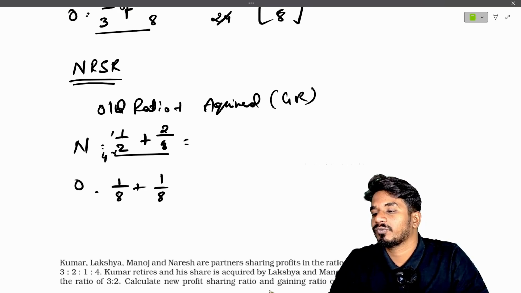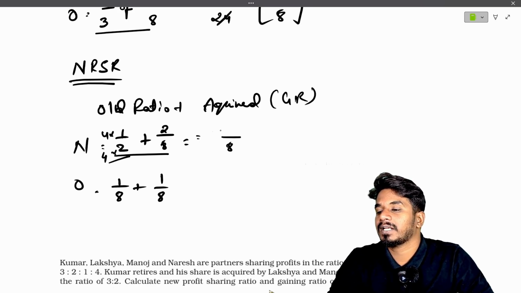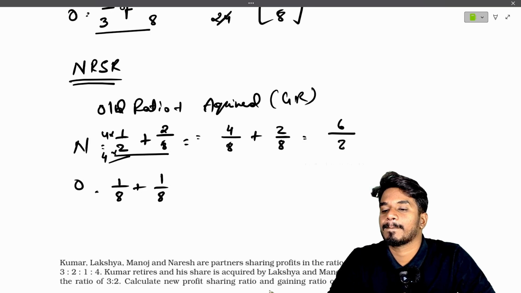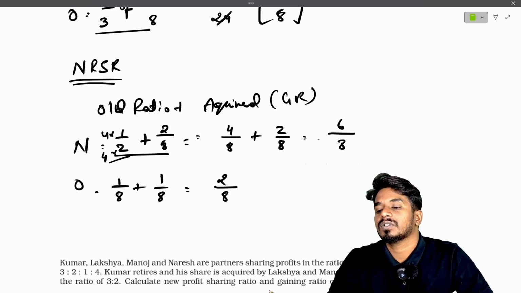We multiply by 4. It will match now. 2 into 4 it will be 8 and 4 into 1 it is 4. Plus 2 by 8. Now 6 by 8 is the ratio, and the other comes out as 1 plus 1 is 2 by 8.